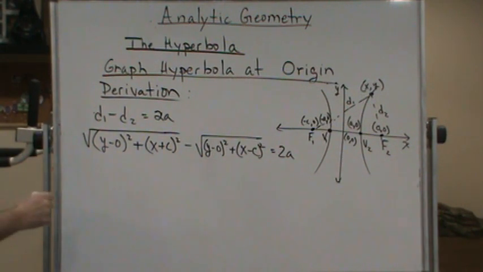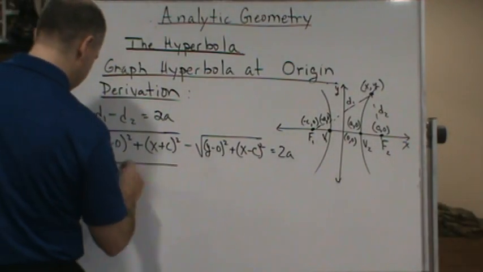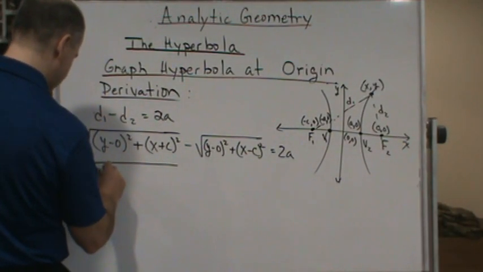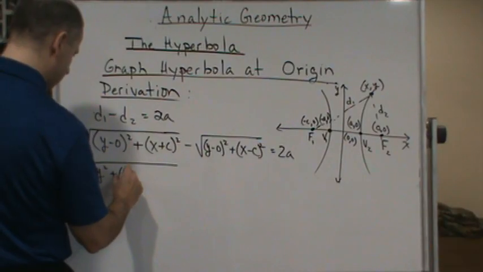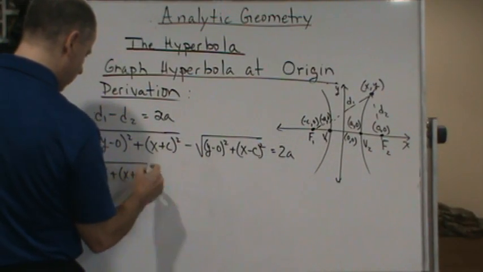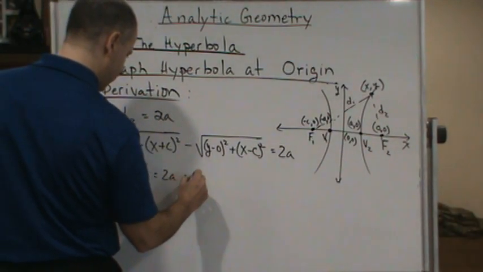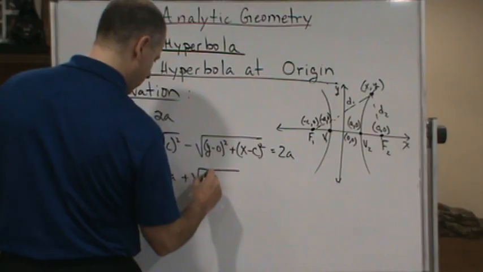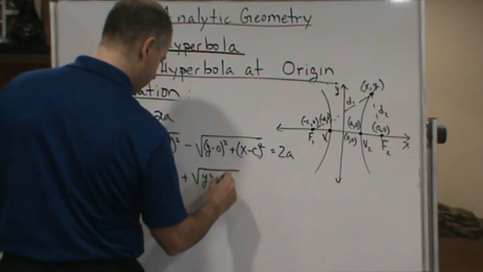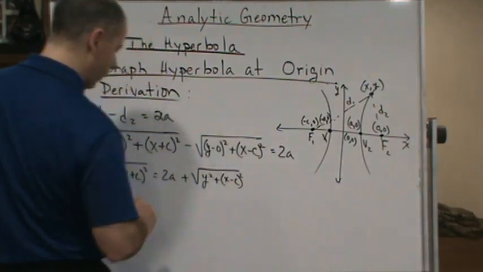Okay, so now I'm going to move this over. So this is going to give me the square root of y squared plus x plus c quantity squared, and that's going to equal 2a plus the square root of y squared plus x minus c quantity squared.